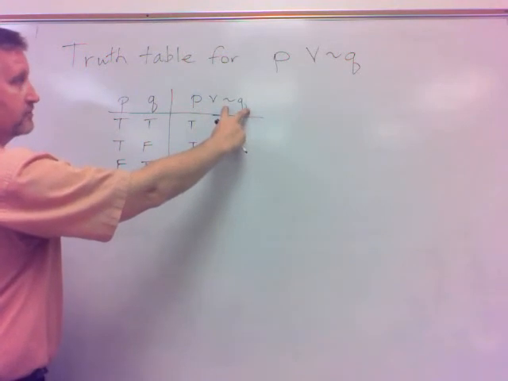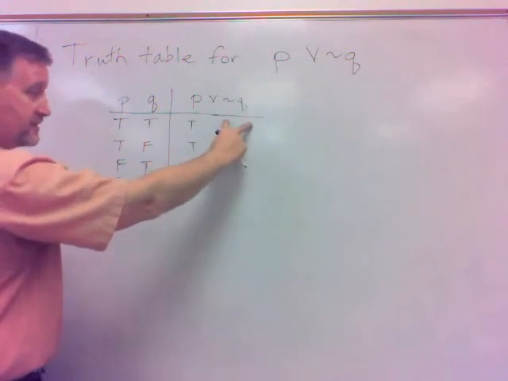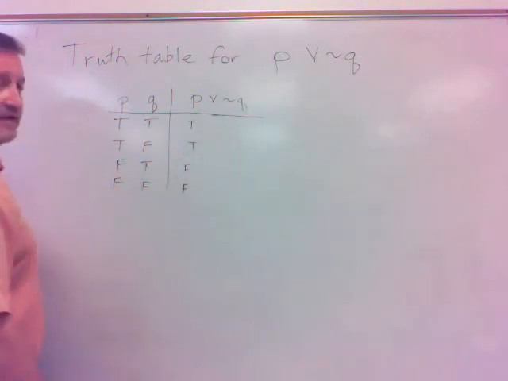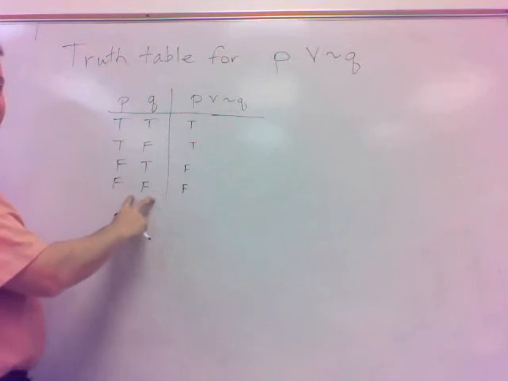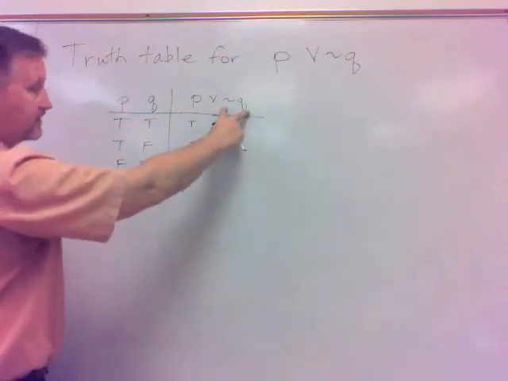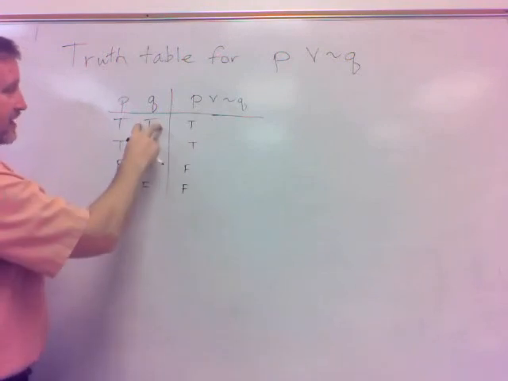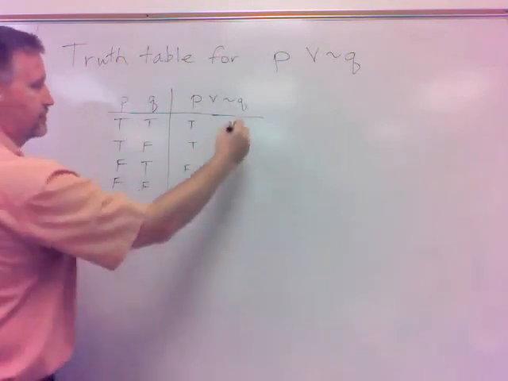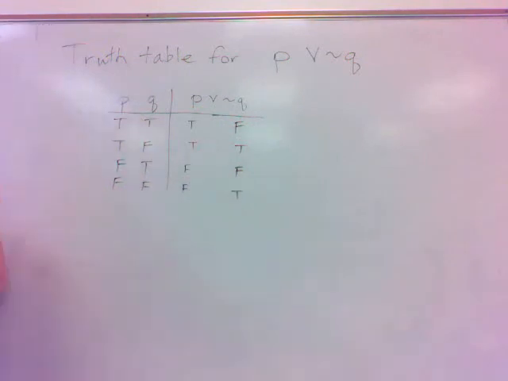The squiggly Q, negation of Q. So if I put its parts down here, what does that mean? Well, it's just going to mean the opposite of this, right? This means not Q, opposite of Q, so it's just the opposite of the Q column. So it would be down the line false, true, false, true. With me? Make sense?